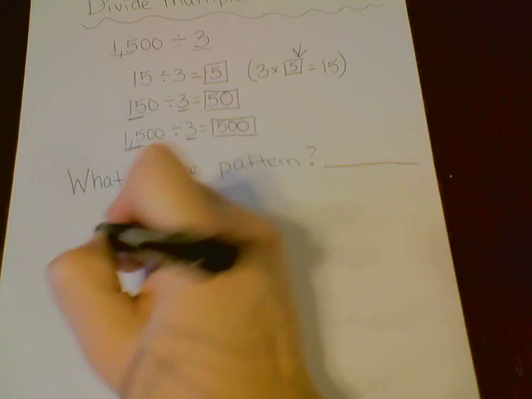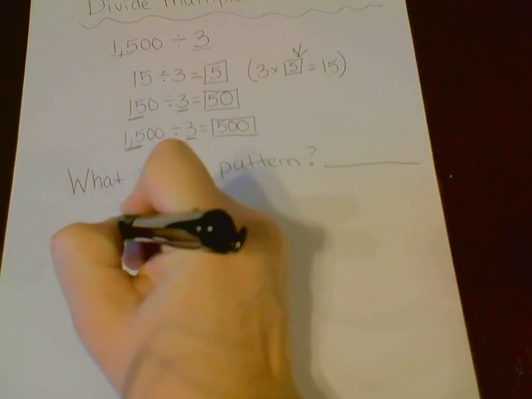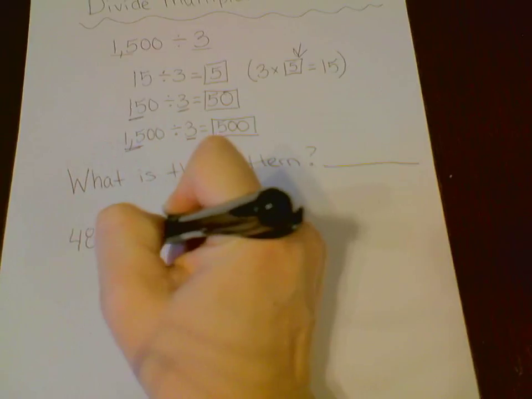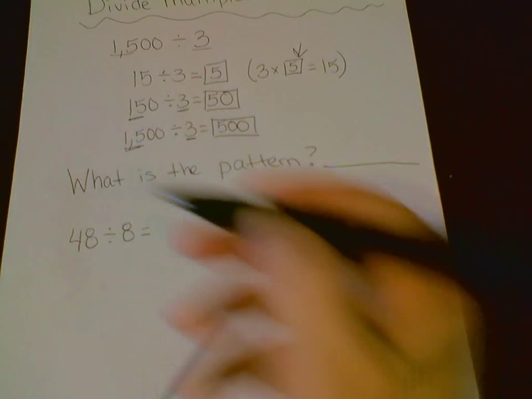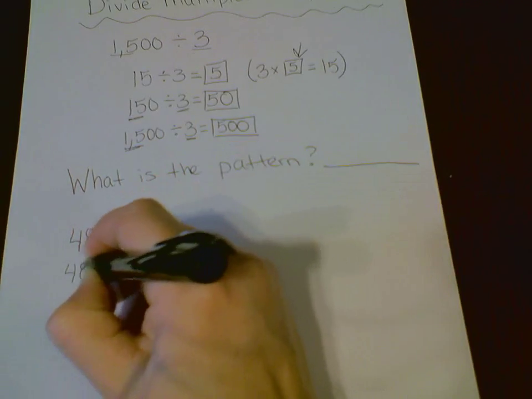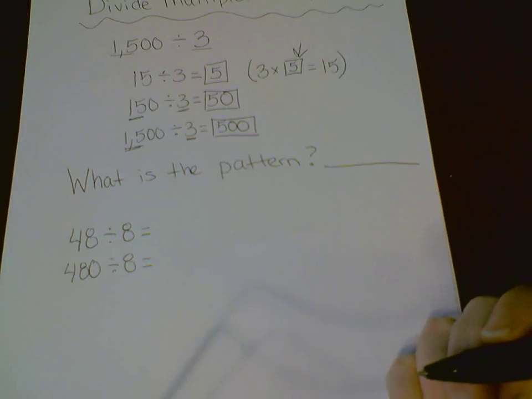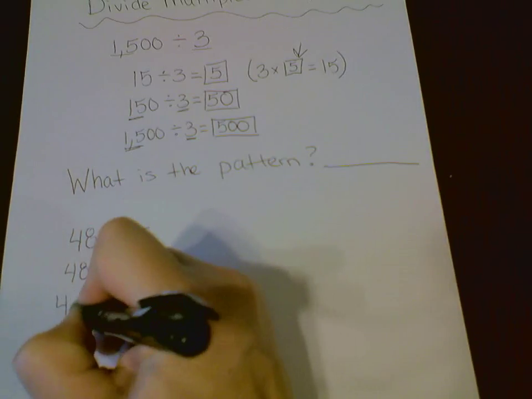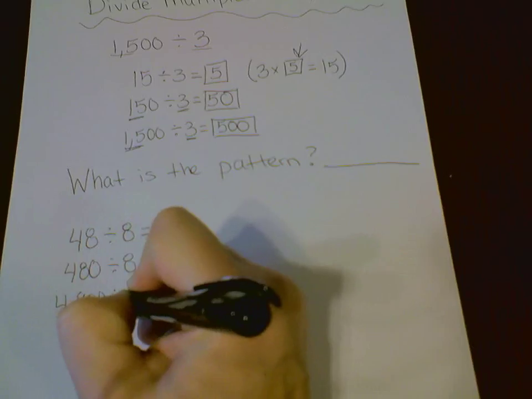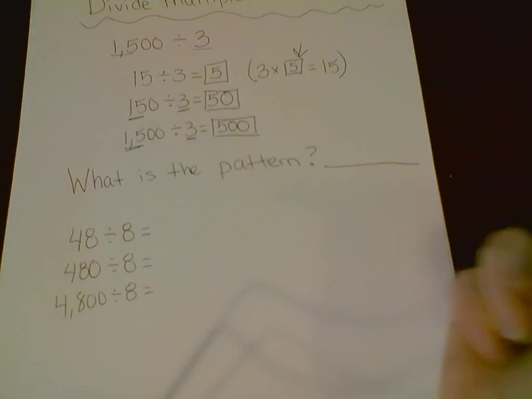Okay, let's do 48 divided by 8. Figure that out. We're also going to do 480 divided by 8 and find that quotient. And end with 4,800 divided by 8 and find that quotient.